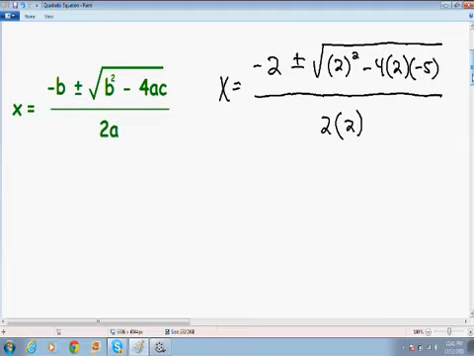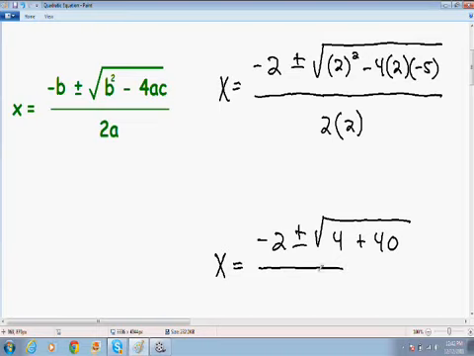The first thing I'm going to do is simplify the square root. I'm going to write everything else exactly the same and just simplify the square root. 2 squared is just 4. Then we have a negative 4 multiplied by 2, which is negative 8. And negative 8 multiplied by negative 5 is positive 40.